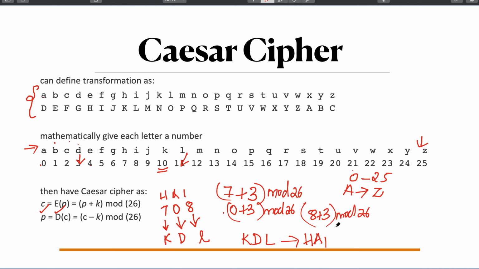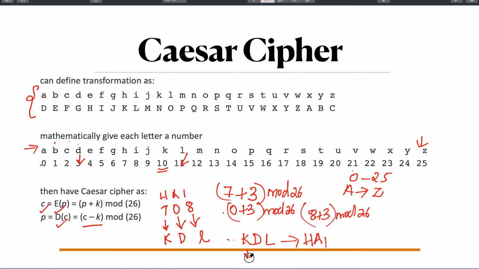So this is how mathematically you can define Caesar cipher. Now let's see the decryption. How do you decrypt it? For decrypting, you apply the formula C minus K mod 26, which is the reverse of it. Let's start from this ciphertext KDL and see whether we get back H. Which is the number corresponding to the ciphertext K?